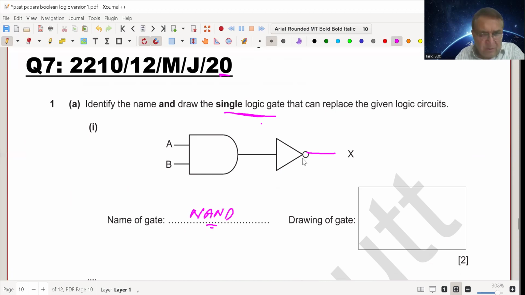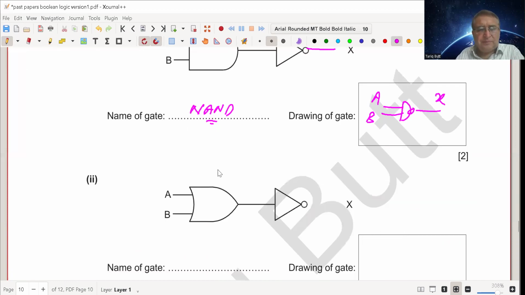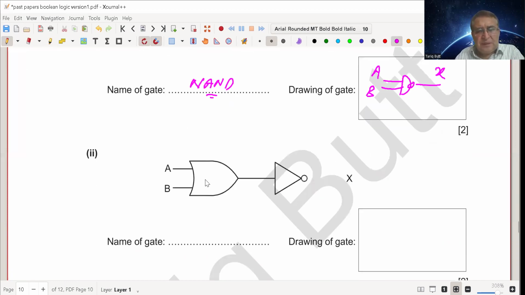AND followed by NOT is NAND. And then you have to draw the gate. You know this is the symbol for NAND. So A, B are inputs and the output is X. That's it. Next. This is OR followed by NOT.